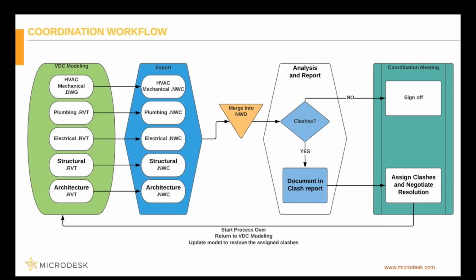Then the general contractor typically, or whoever's leading the coordination process, that could also sometimes be the mechanical contractor, will do analysis and a report. Again, looking for clashes. If there are clashes, document them. And then in the meeting, assign those clashes, negotiate the resolution, and then start the process over again. Return to that VDC modeling phase, update the model, export to NWC, merge to NWD, and the cycle just repeats.